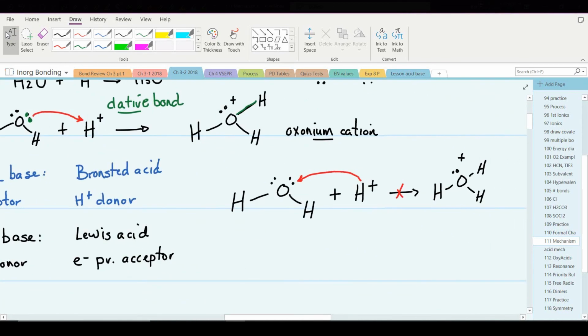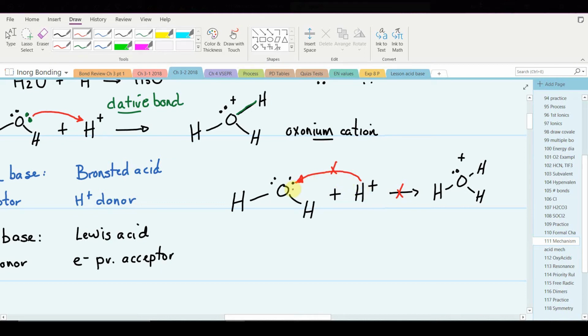Now, this arrow drawn from hydrogen ion is saying hydrogen ion is donating a pair of electrons to form a bond. Well, it can't. Hydrogen ion doesn't have any electrons to donate. It can't buy any tickets. It's broke. So this is wrong. And often students are thinking that hydrogen ion comes over here and bonds with it.